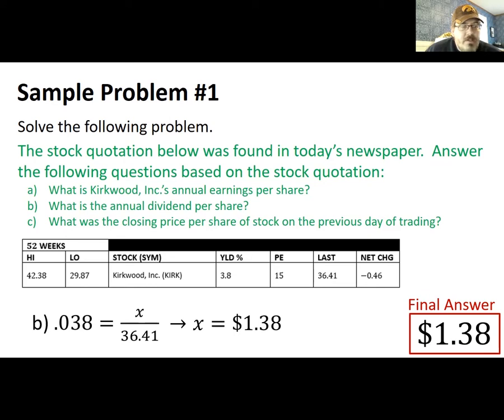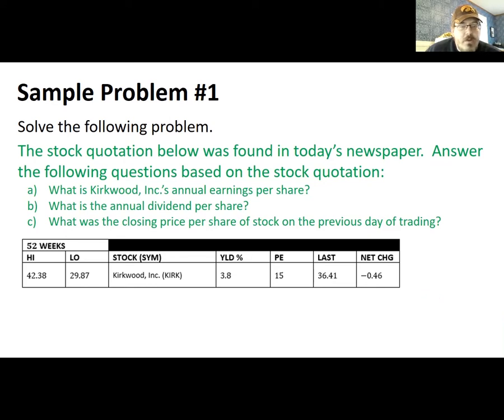And then the final question at this point is, what was the closing price on the previous day? To calculate this, what you need to know is the closing price for today, and then the last value in the quotation there, the net change. The negative, or minus 0.46, tells us that from yesterday to today, the price went down by 46 cents.